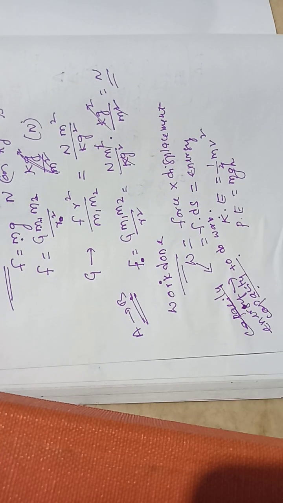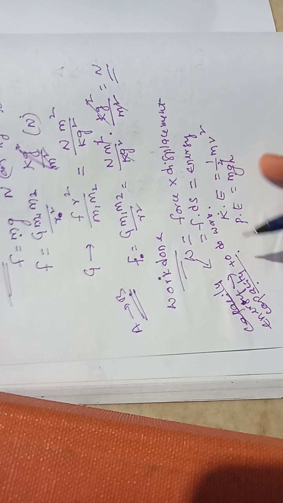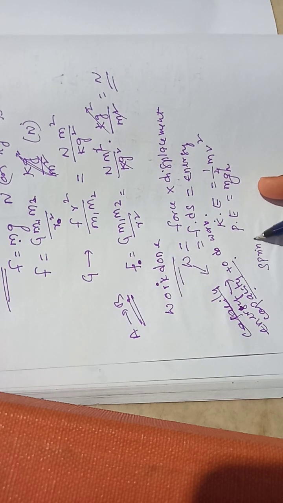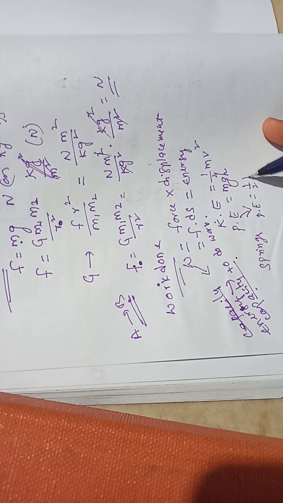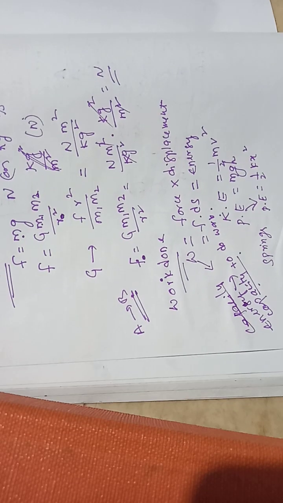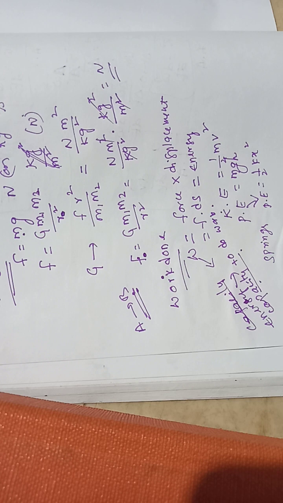Right? Now in case of springs, this potential energy is written as half kx square, where k we call the spring constant, x is the usual displacement. Right?